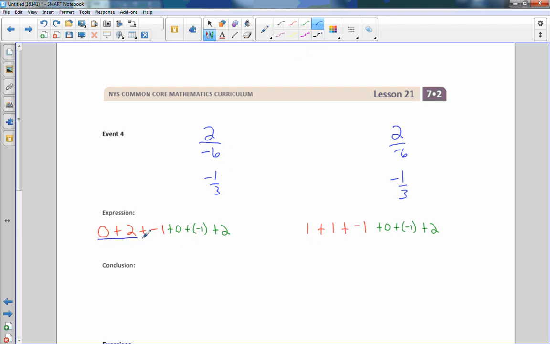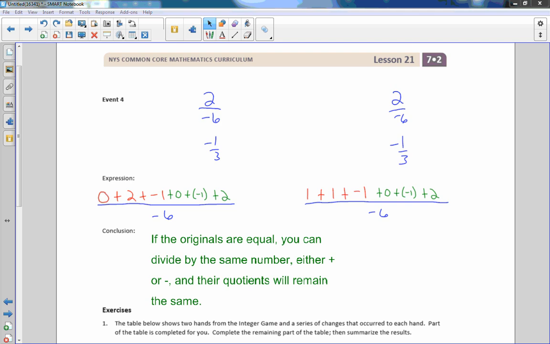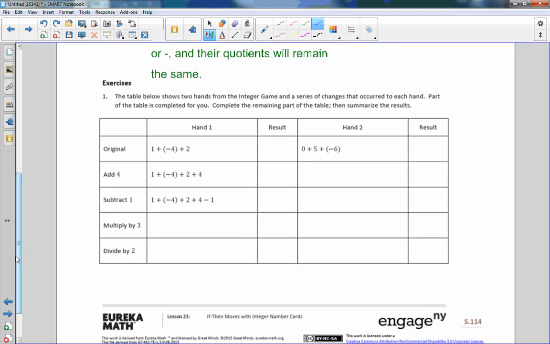So if I divide this whole thing by -6, and I divide this whole thing by -6, our conclusion is, if the originals are equal, you can divide by the same number, either positive or negative, and their quotients will remain the same. Because in this situation, we got a -1/3 and a -1/3 when dividing by -6. Okay? All right, so moving on to the exercises.